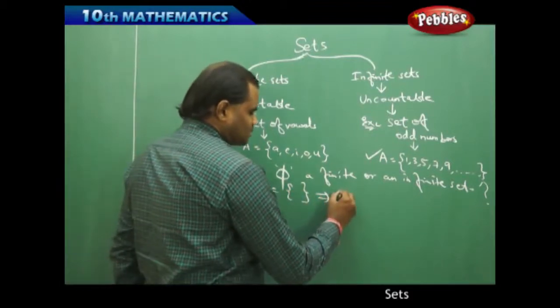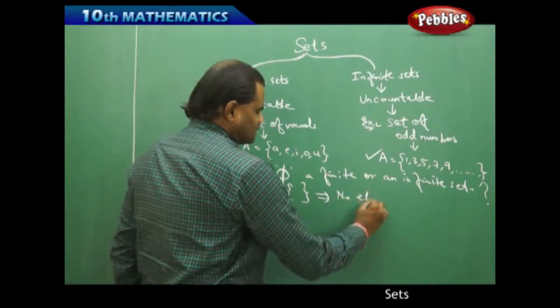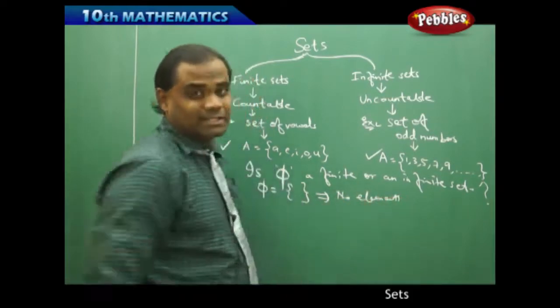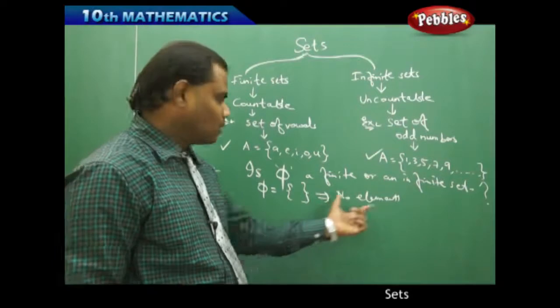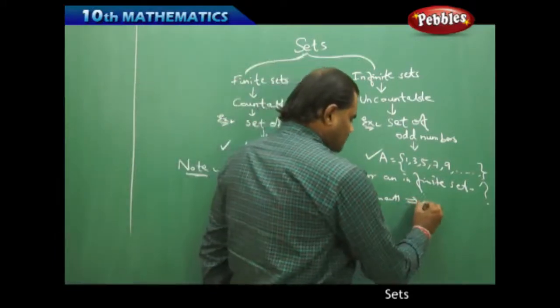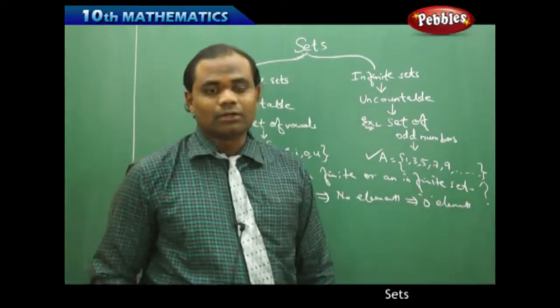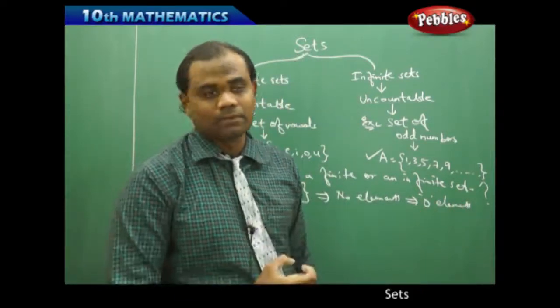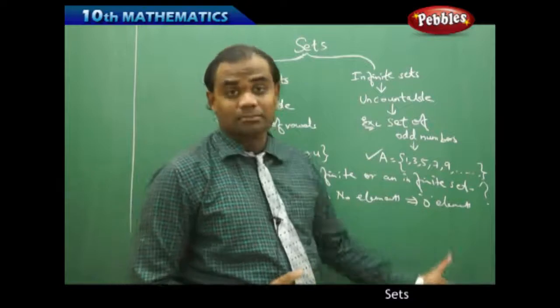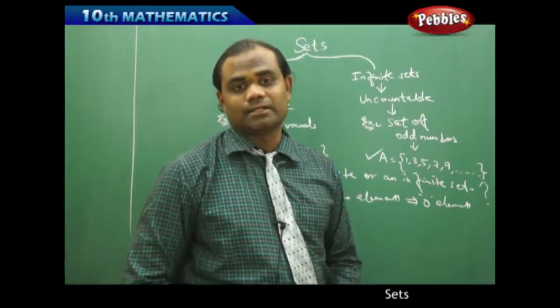That implies no elements inside the set is what is defined as a null set. No elements implies there are 0 elements inside. Mathematically, no is referred to as 0. Therefore, no elements inside the set implies there are 0 elements inside the set.